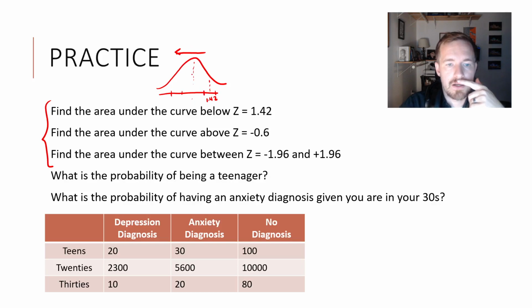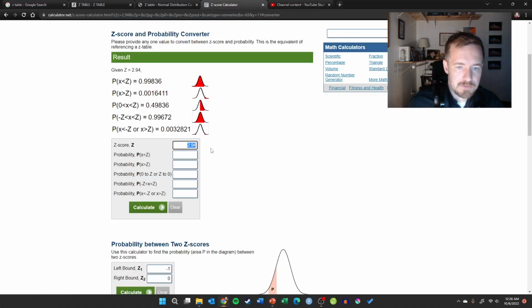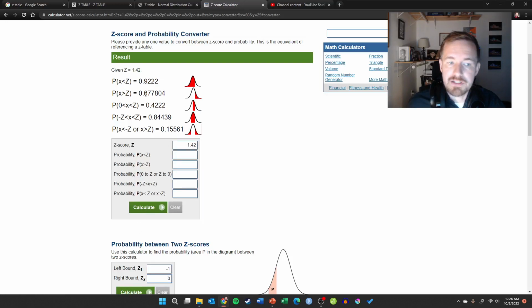So if I get a number and it's less than 0.5, I've done something wrong. So let's find out. I'm coming over here, throwing in 1.42. That's going to give me, above it, 0.077, which you can see right there. You can confirm that on the distribution.